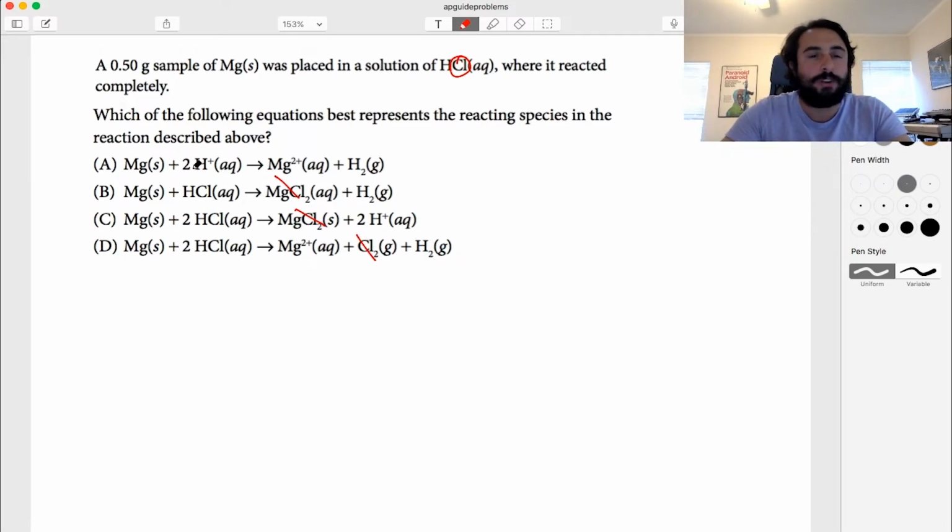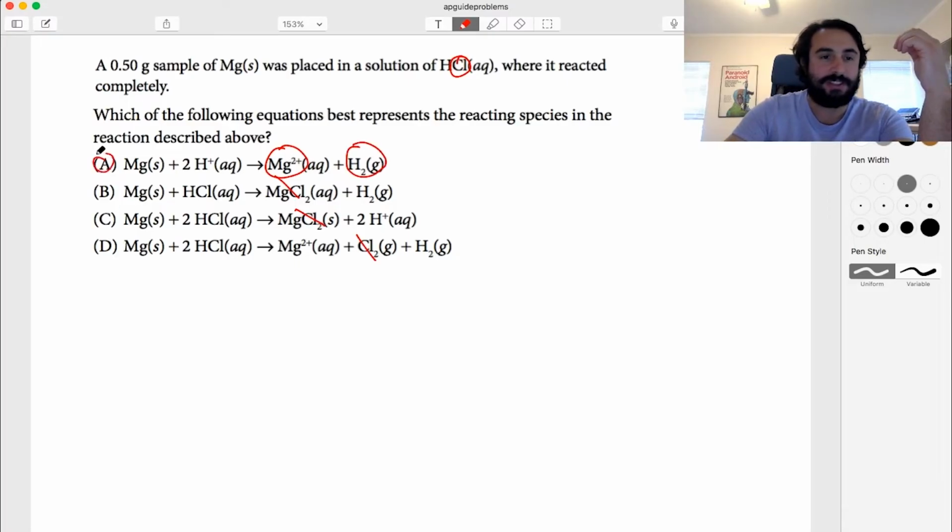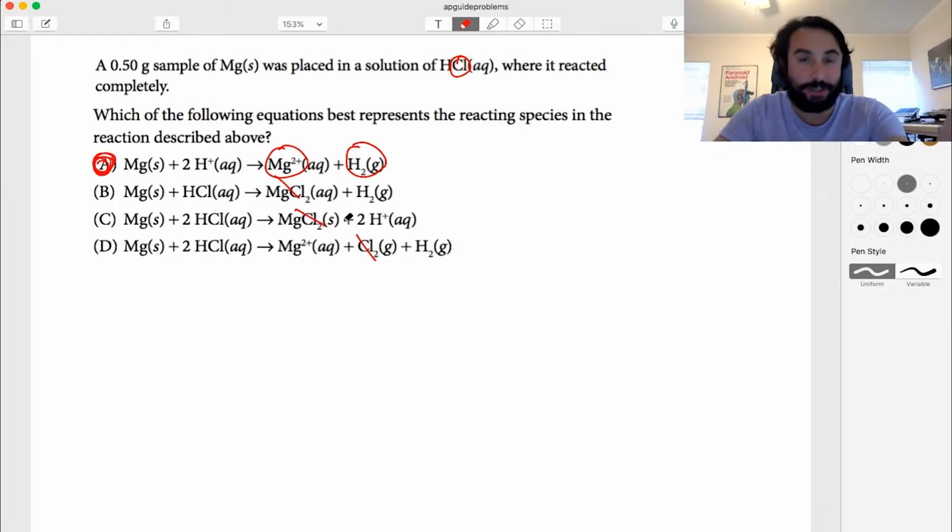What we're understanding is that magnesium has 2 valence electrons, and so 2 protons are each going to pick up one of those electrons to produce the magnesium 2 plus ion, and we're getting hydrogen gas. Right, this should be a very familiar reaction. You could see this with zinc, you could see this with other metals.